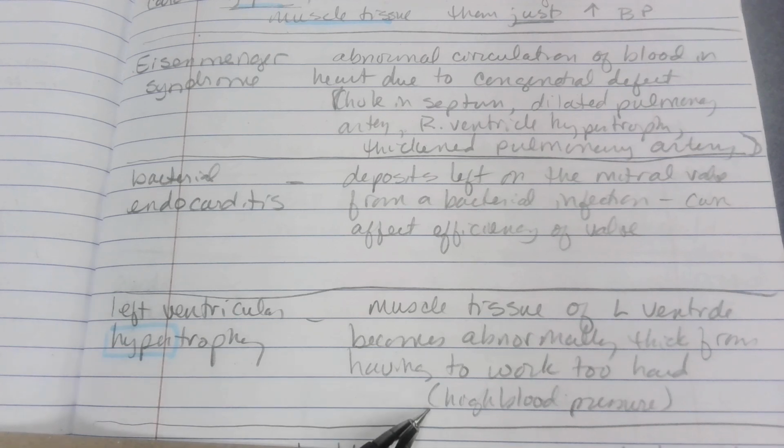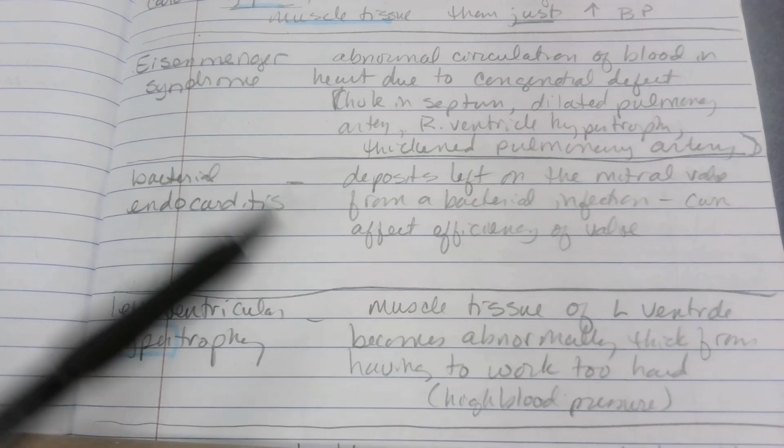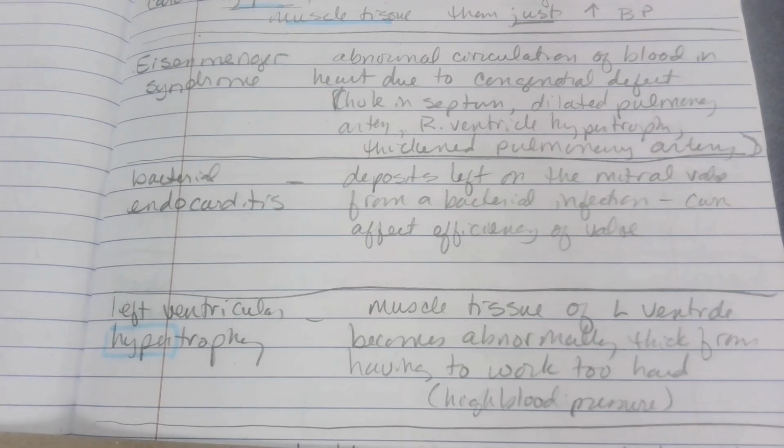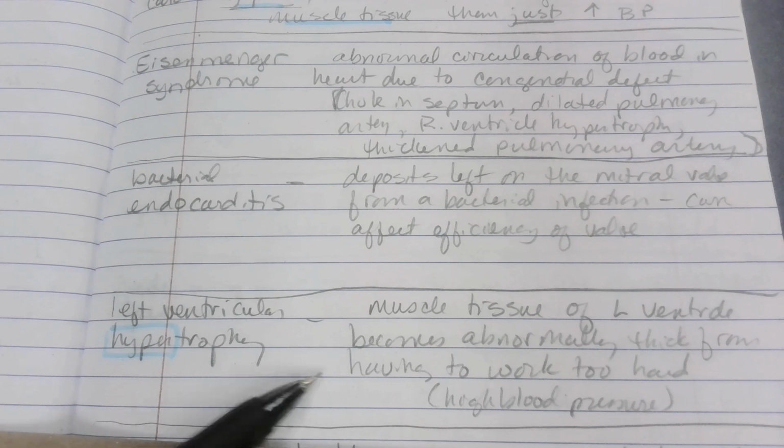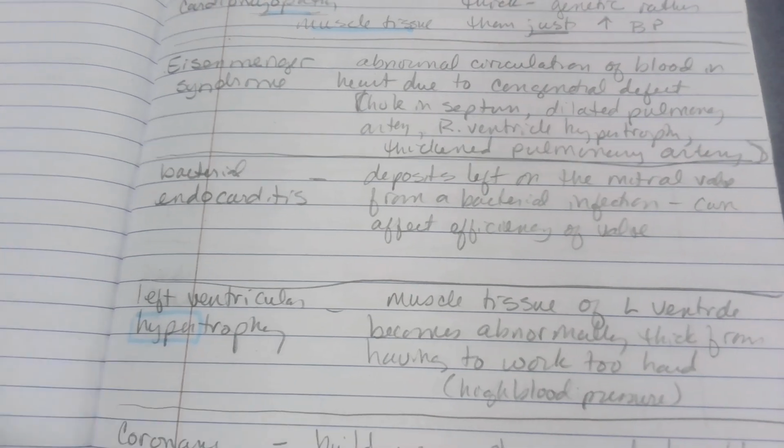So this one is related to high blood pressure, whereas hypertrophic cardiomyopathy is related to genetics. So left ventricular hypertrophy, the heart is working harder than it has to. Blood pressure is really high, so it's hard for the heart to pump the blood. And so the muscle tissue of the left ventricle becomes abnormally thick from having to work too hard.